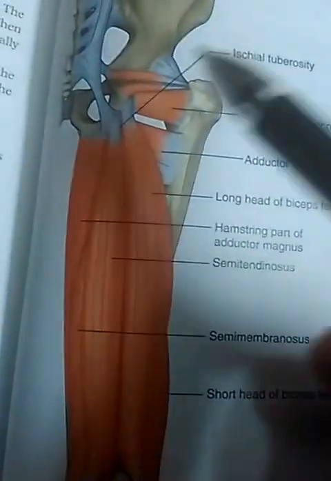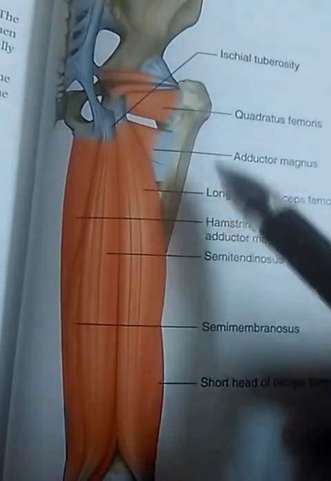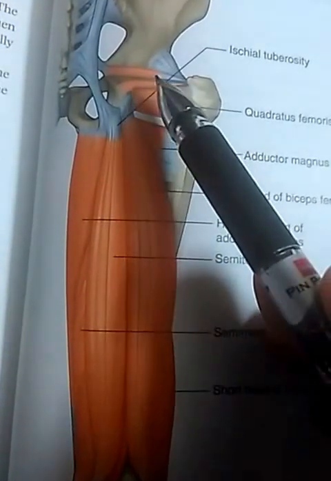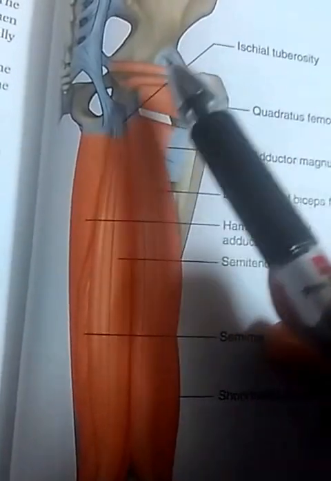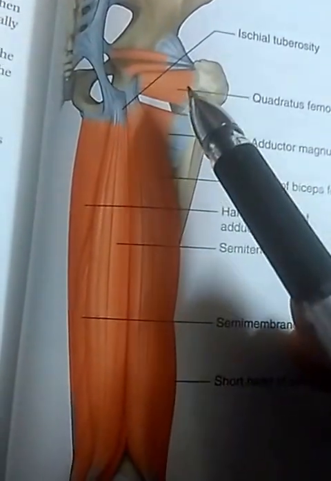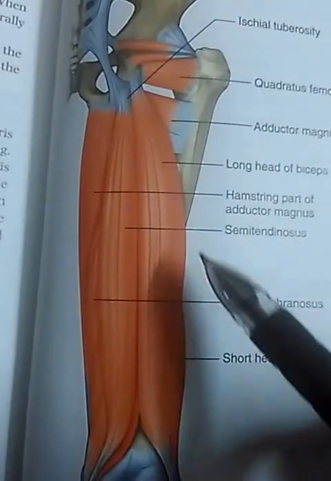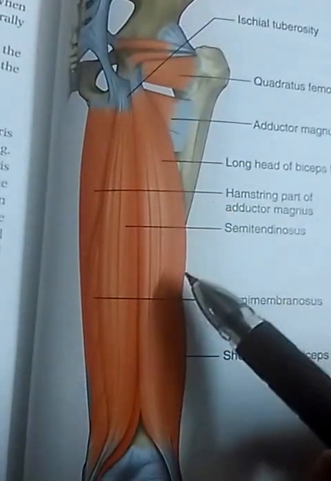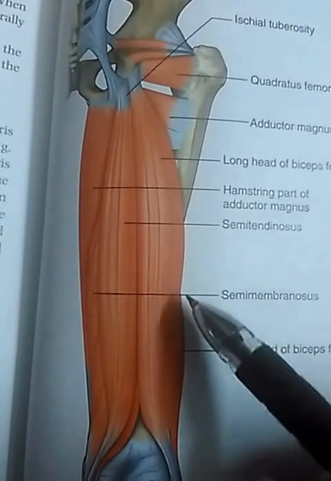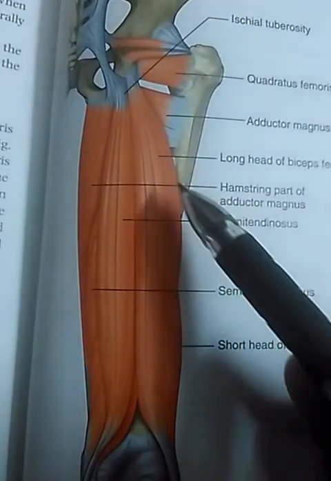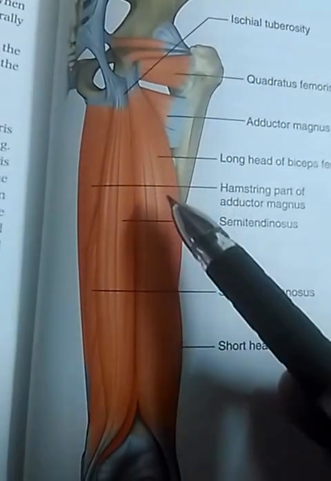Now this is the posterior compartment of thigh. As you can see here, I had told you this was quadratus femoris, then gemelli, etc. All of them have been cut here. Here you need to identify the muscles of the posterior compartment. Most laterally there will be the biceps femoris having two heads.